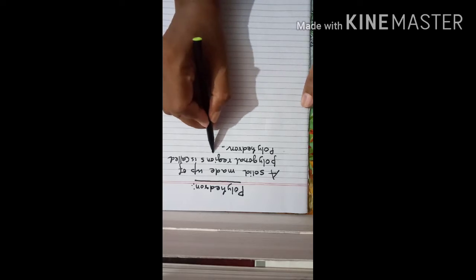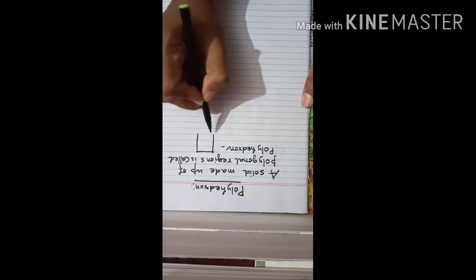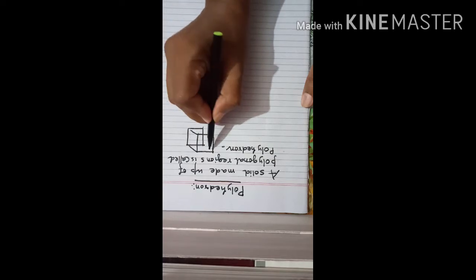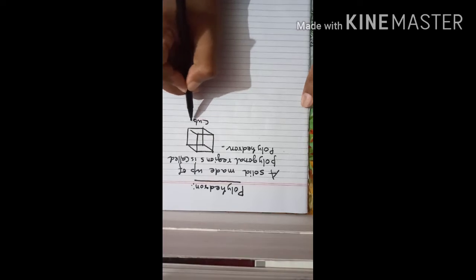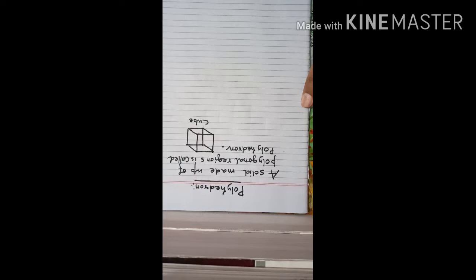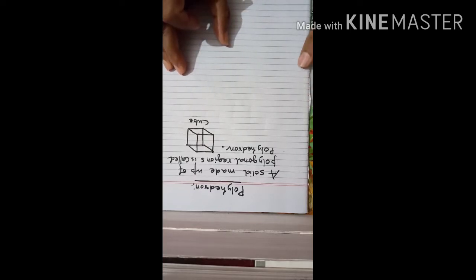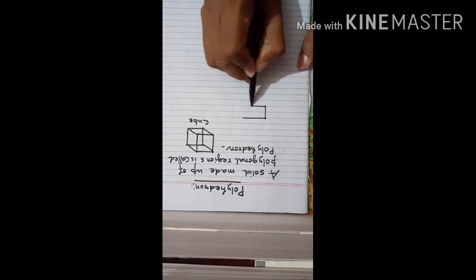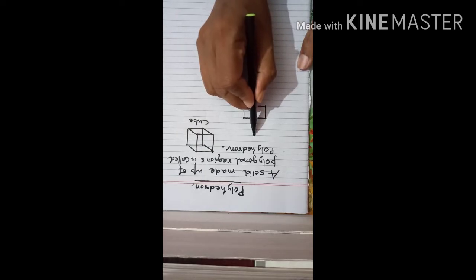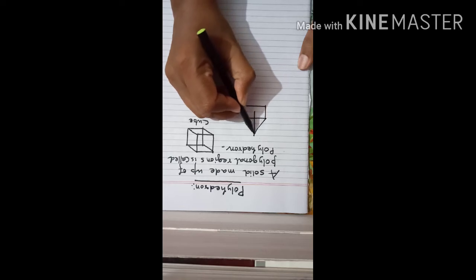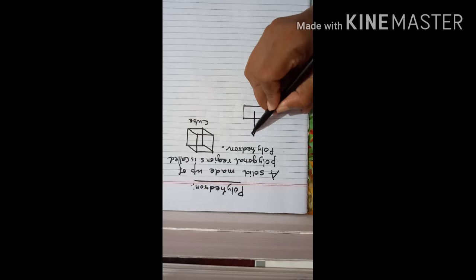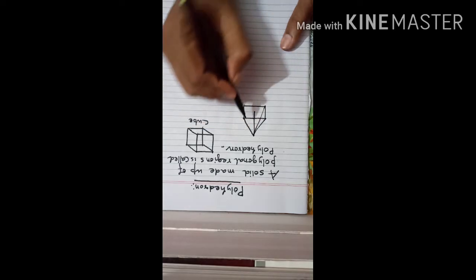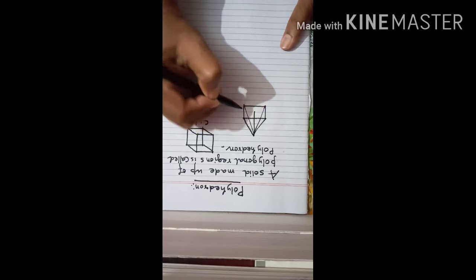Suppose a cube, the figure, look at here. If we draw the figure, this is the cube, this is also a polyhedron. A regular pyramid. Suppose we draw this figure.